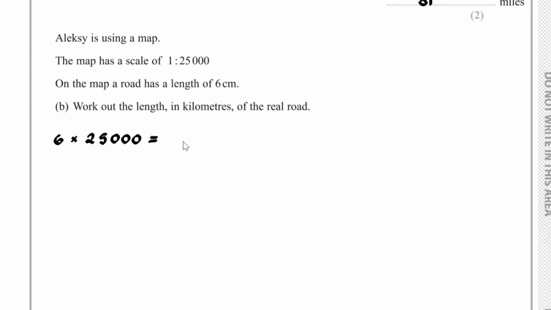And if we work out what this is, what we end up with is 150,000 centimeters. And what we need to do is convert this to kilometers. And the way you can think about this is, well, we've got centimeters, we've got meters, and we've got kilometers.